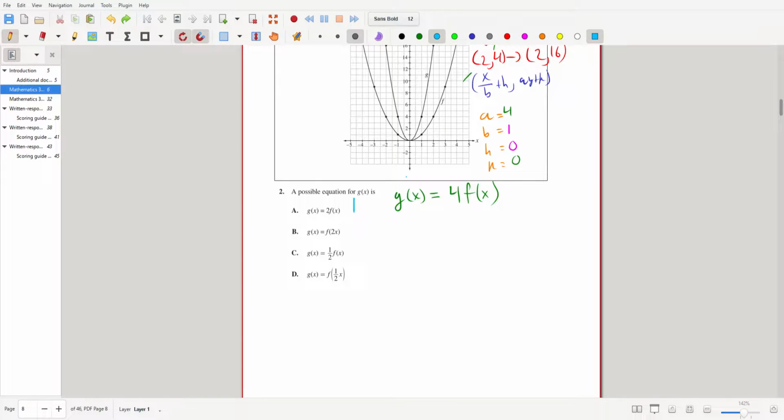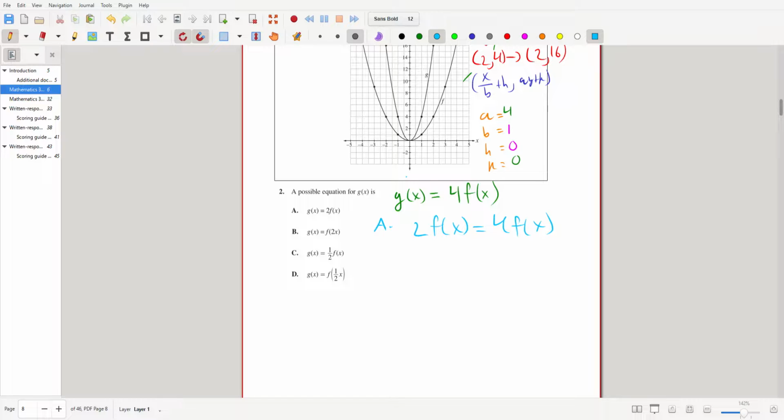We will start from the top. Let's try option A. We have g of x here, and g of x is equal to 2f of x. Let's see if that's true. So 2f of x equals 4f of x.